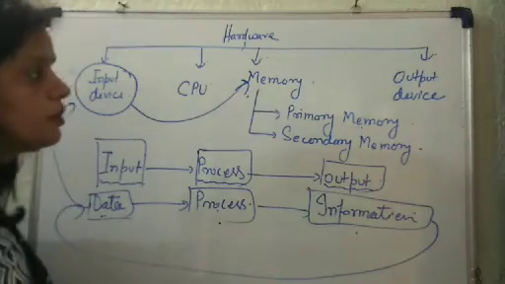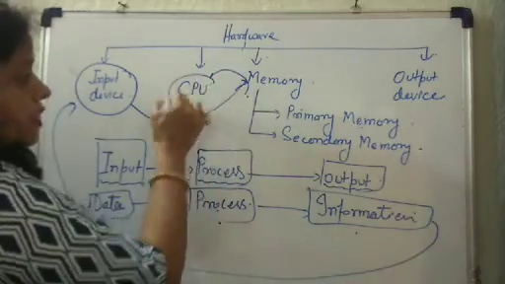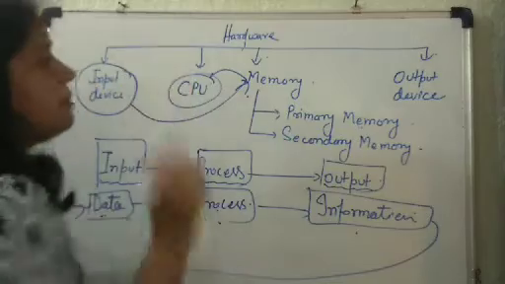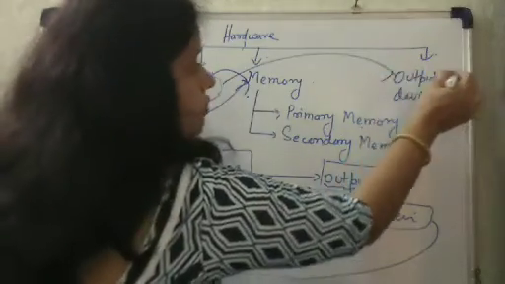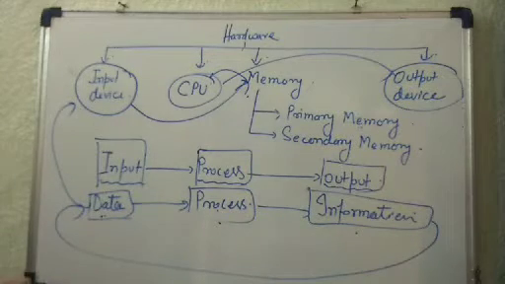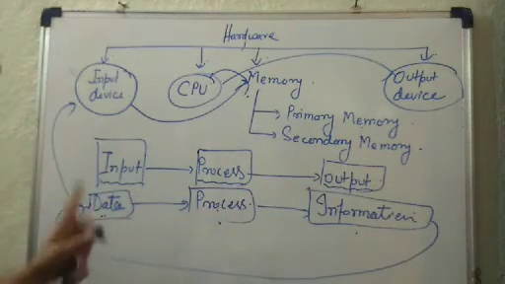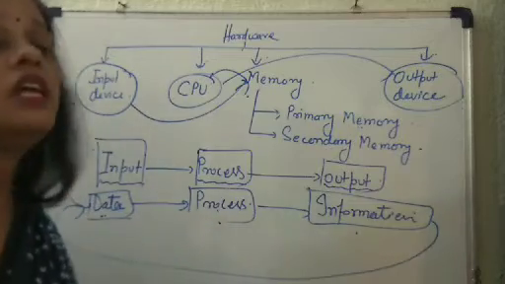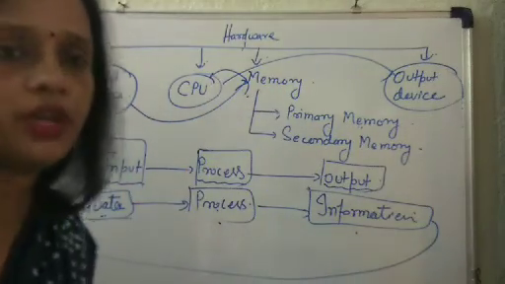Clear? It uses memory, and then the data is used by the CPU, the processor, where the data will be processed, and after processing the data is required to be displayed. So output is generated. If you remember input, process and output, data, process and information, then you will never forget the different parts of the hardware.